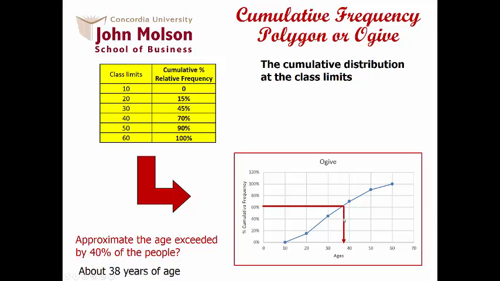And I estimate it on the horizontal line, about 38 years of age. This is a way to do an interpolation between the data. The ogive is frequently used, but it's usually called the cumulative frequency polygon.